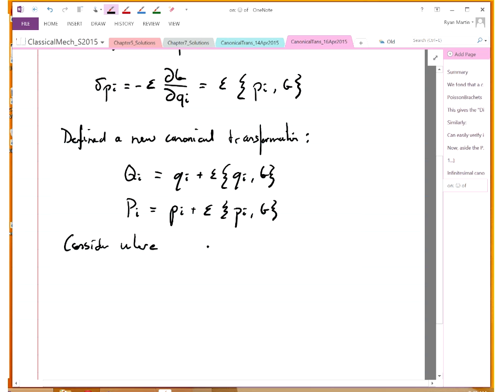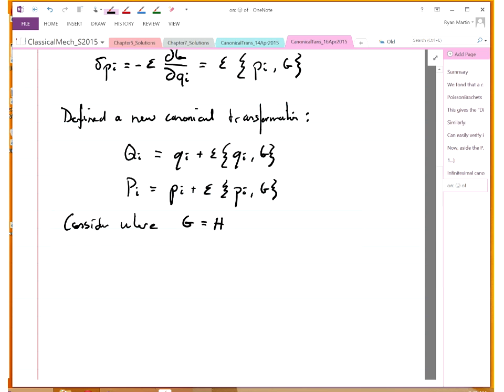Okay, so now consider the case where G is the Hamiltonian. We've shown that this particular transformation is canonical, right? So consider the case where G is the Hamiltonian.